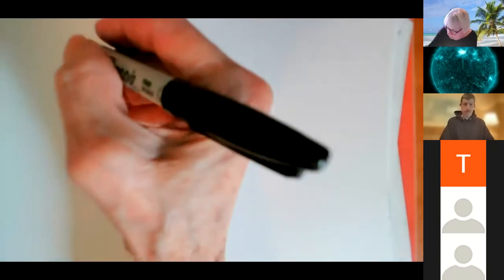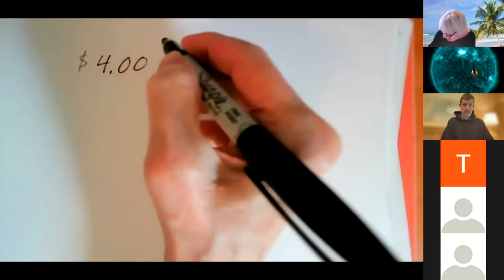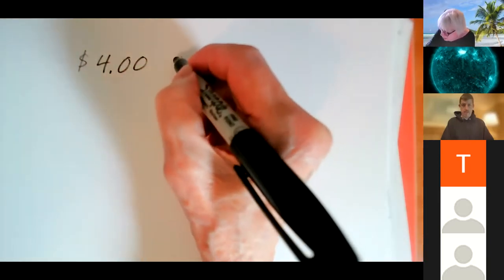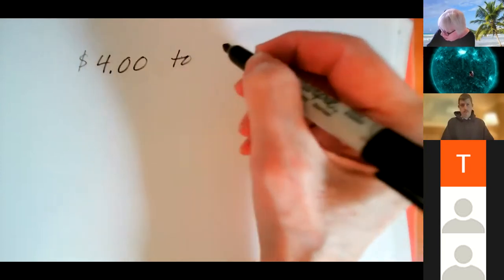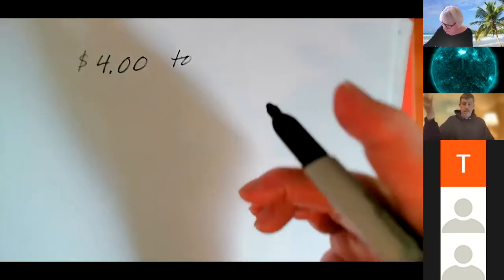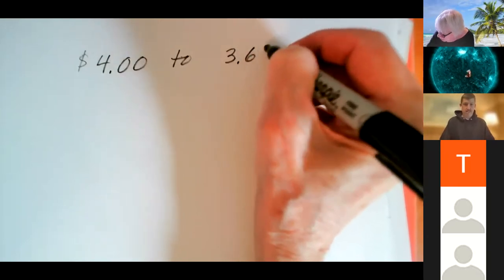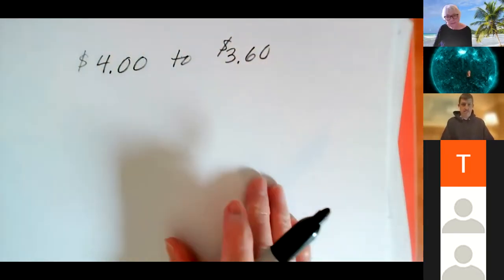Give me a price, a nice round number for gas. $4 a gallon. That's round. And it's going to go down to what? $3.60. Okay. Good.